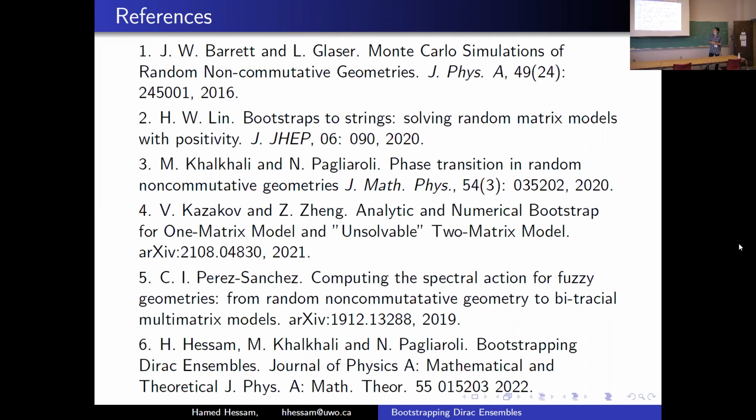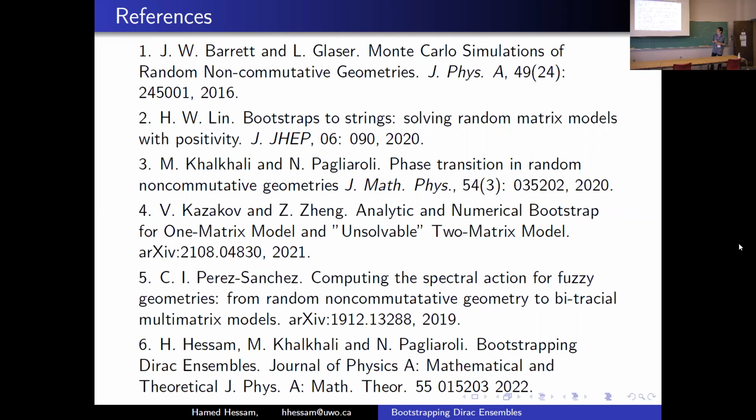In the Monte Carlo simulation, they find the phase transition in the different types of Dirac ensembles, and also find the eigenvalue distribution. Here, in the bootstrap method, that's the first time they use bootstrap in the random matrix model. And the paper of Khalkhali and Nathan, also mentioned by Nathan for the phase transition in the type 1-0 in the last talk.